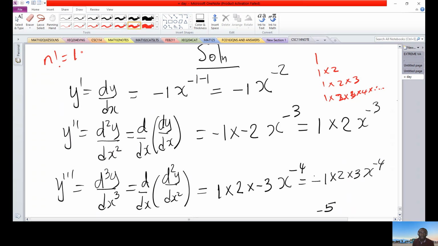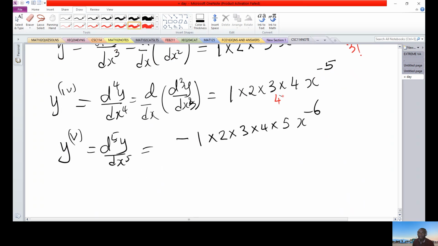Remember, a factorial is given by 1 times 2 times 3 times 4, etc. So here we have 1 factorial, here 2 factorial, here 3 factorial, here 4 factorial, and here 5 factorial.